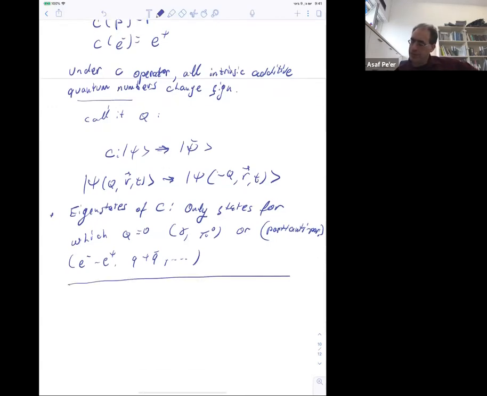Now again, a few comments. Unlike P, the space and time are not affected by this transformation.